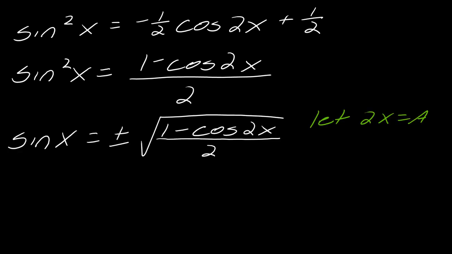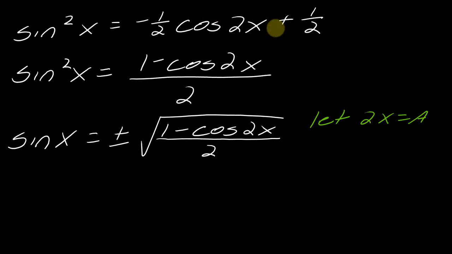Now the last thing that I'm going to do, and this is probably the one tricky part, because solving for sine is no problem, but how do we actually get to that identity? We make a very clever substitution, where you see 2x, we replace it with a.